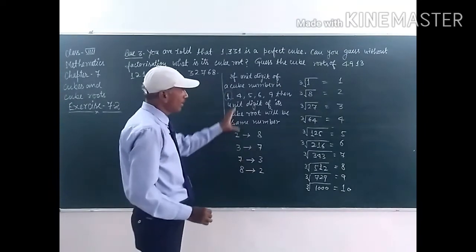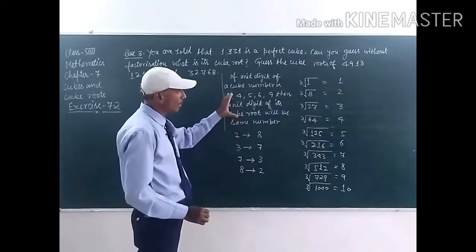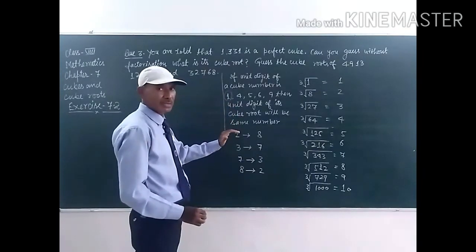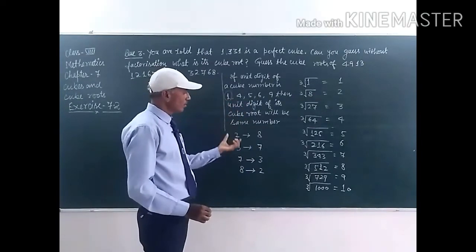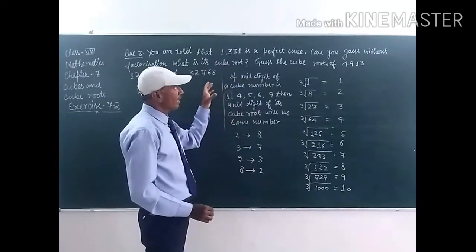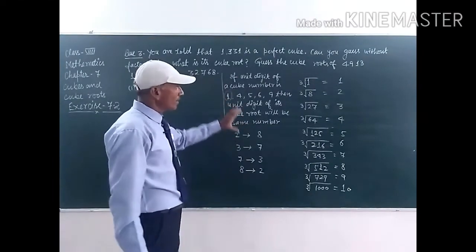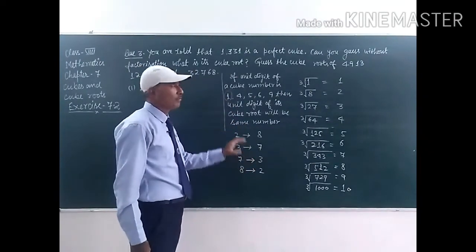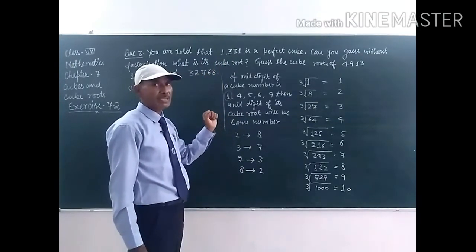Clear, student? This is the important fact, important formula. So, you have to learn it, students. You have to learn this to find the cube root of any number by the estimation method. From this observation, we have to solve the questions given in question number 3.